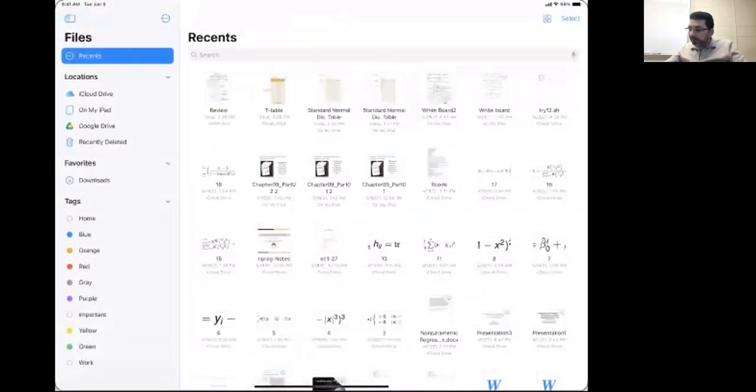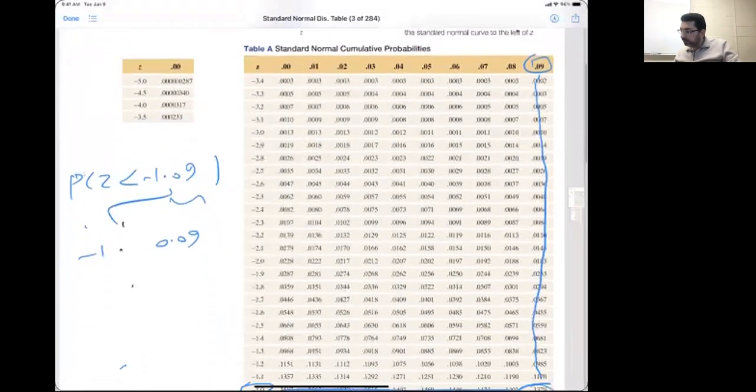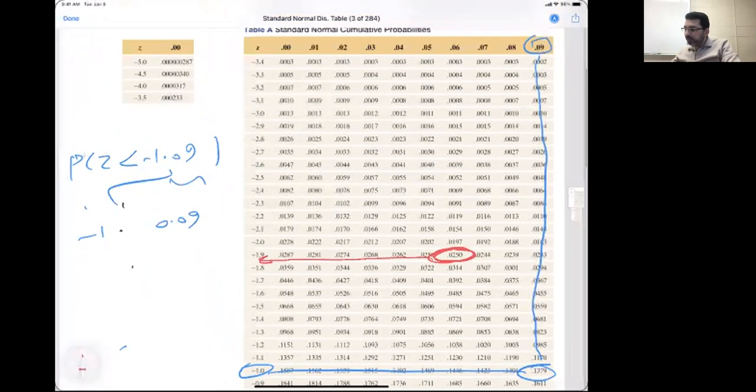Okay, so if you go to the table, look for the closest number to 0.025. We have the exact number here, and this is the area to the left of negative 1.96, as you can see here. So it's the same idea, okay?